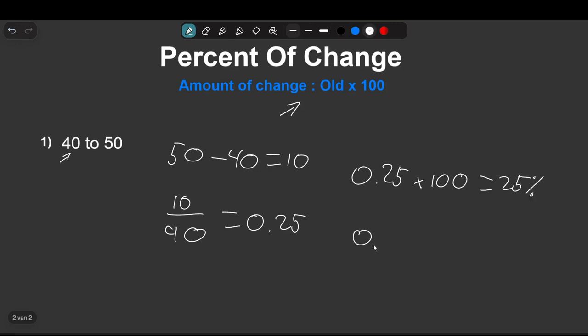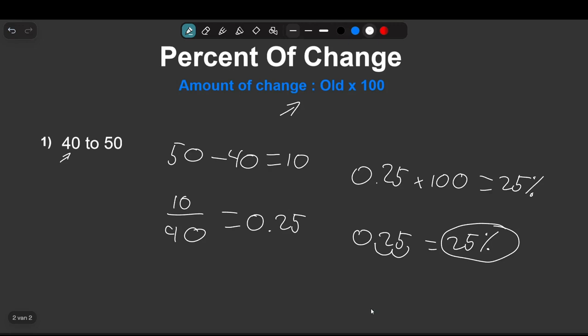But you can also do this by moving the decimal twice over to the right, like this, 1 and 2. And this will give you exactly the same answer of 25%. So our final answer is going to be an increase of 25%.